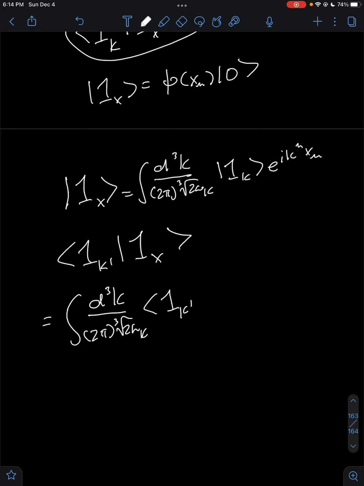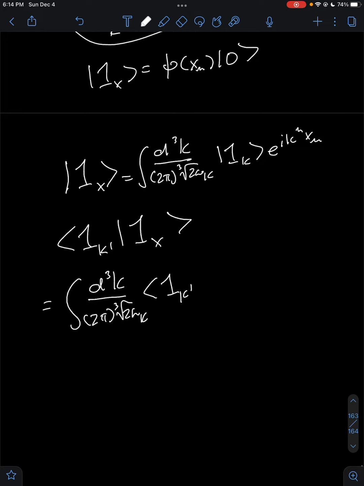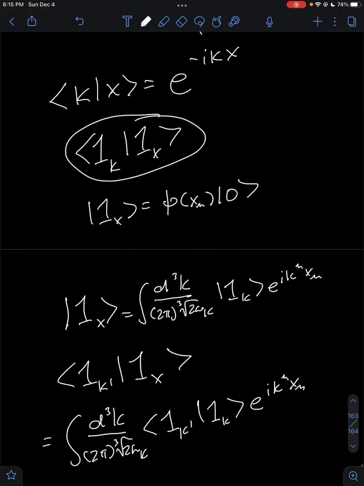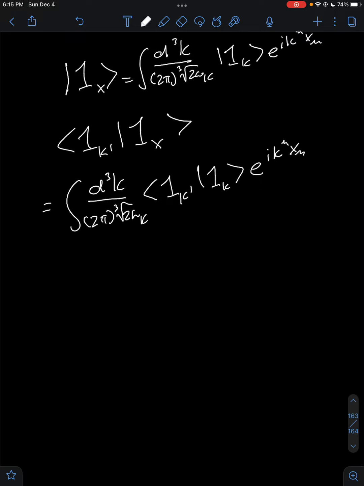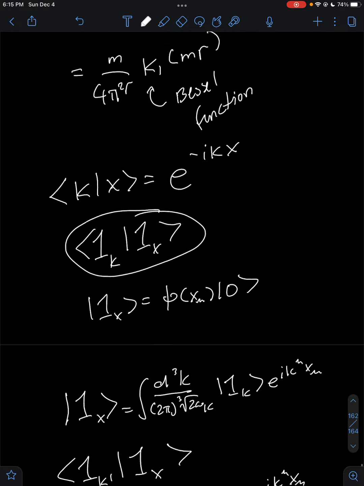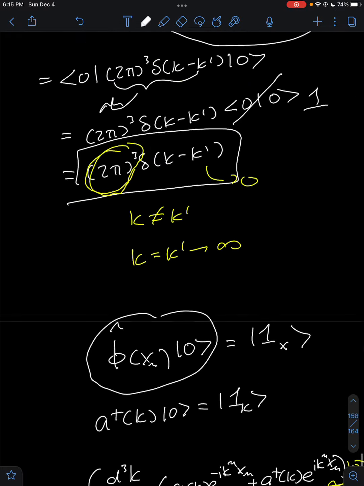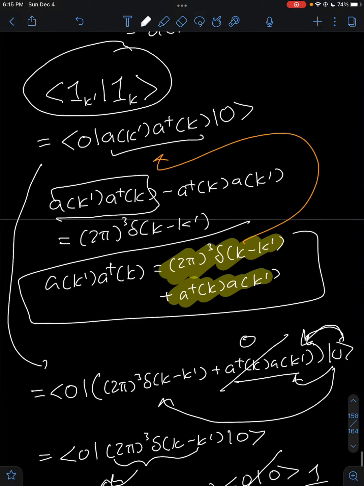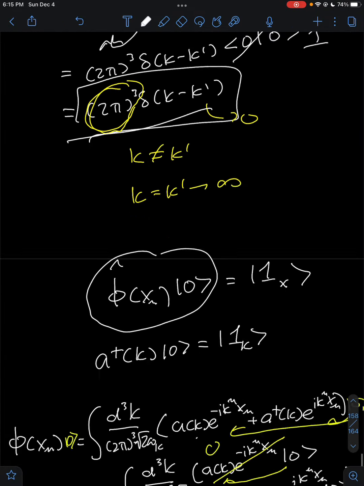That's why I use k prime, so we can use the delta function here. Acting on |k⟩, e to the i k mu x mu. And that's just going to give us a delta function, (2π)³ delta of k minus k prime, again because that's what we found out earlier on in the video.